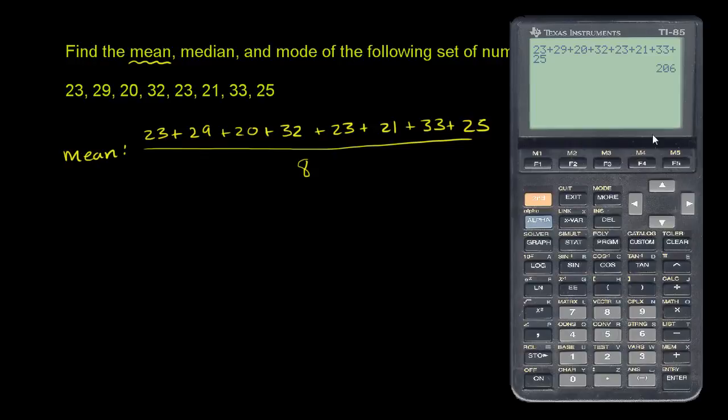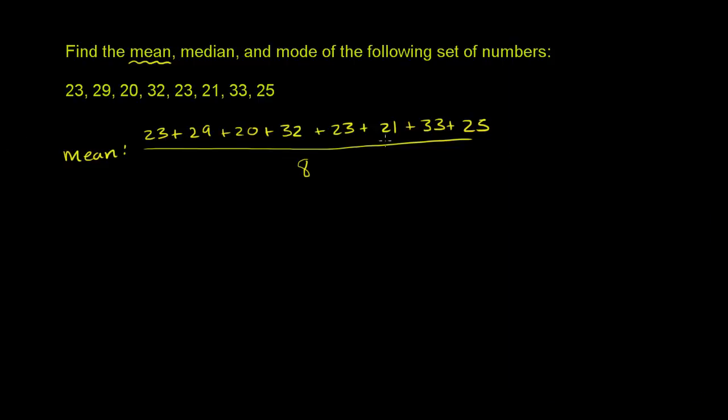So the sum of all the numbers is 206. And then we want to divide 206 by 8. So 206 divided by 8 gets us 25.75. So the mean is equal to 25.75. So this is one way to kind of measure the center, the central tendency.